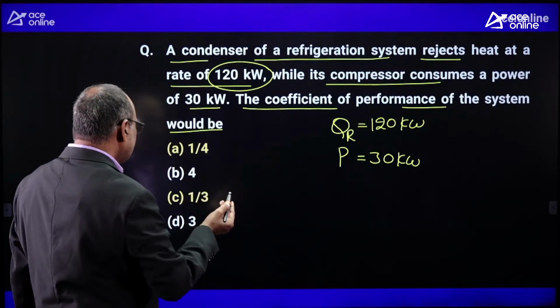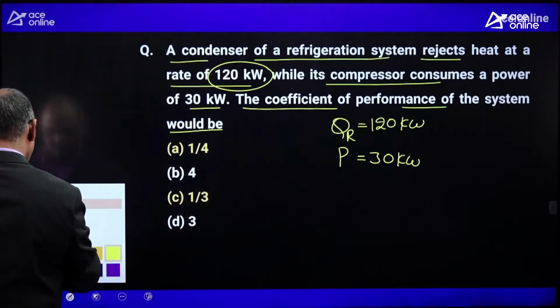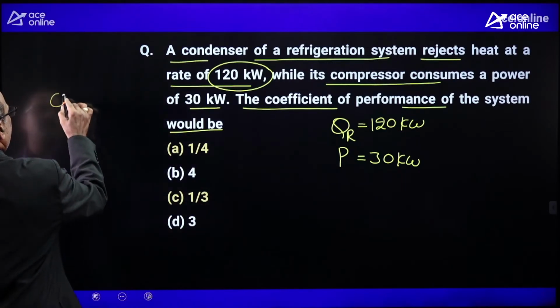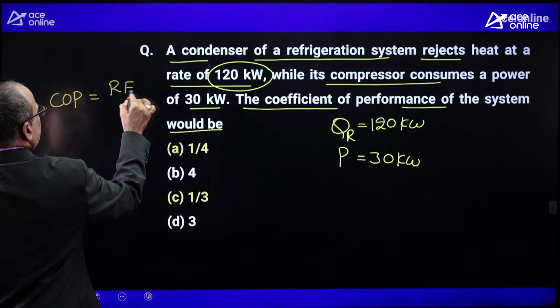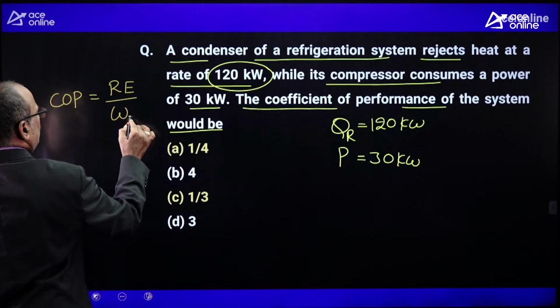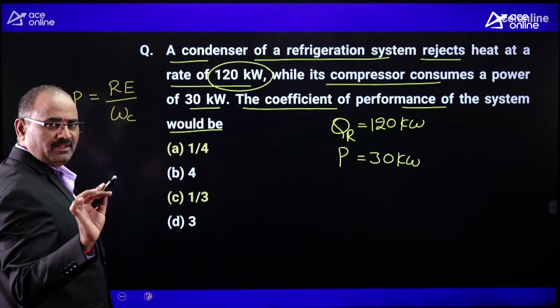Okay. What is the general formula for COP? Let me write here. The COP equal to ratio between the refrigeration effect and work input to the system. Okay. But refrigeration effect is not given.